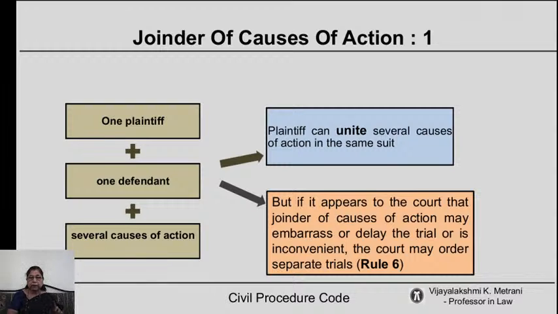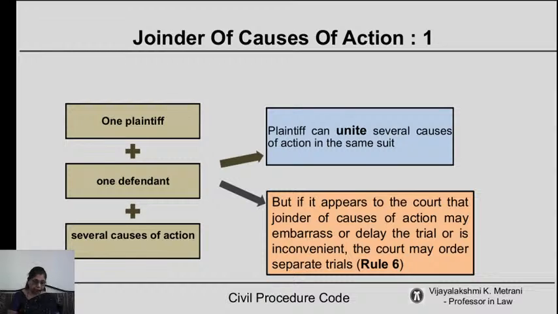Understand that the plaintiff can unite, he may unite several causes of action in the same suit for the convenience. So if there is one plaintiff, he wants to sue another defendant and there are several causes of action, all the causes of action he will mention in the same suit, and he will unite all the causes of action along with the remedies and along with the claims which he has in each cause of action.